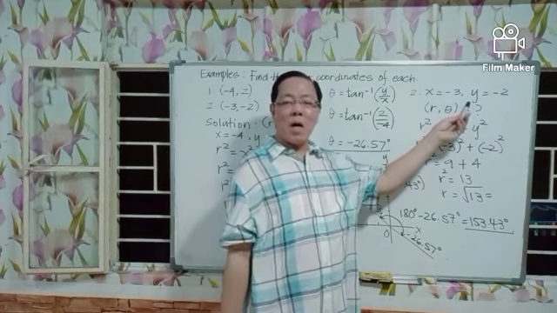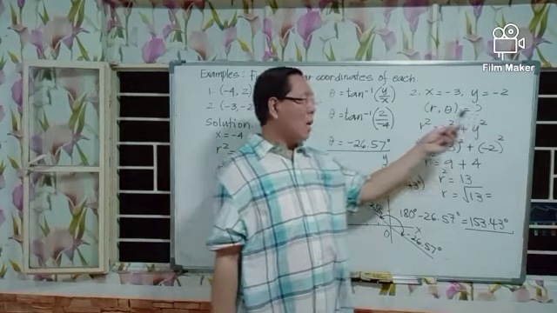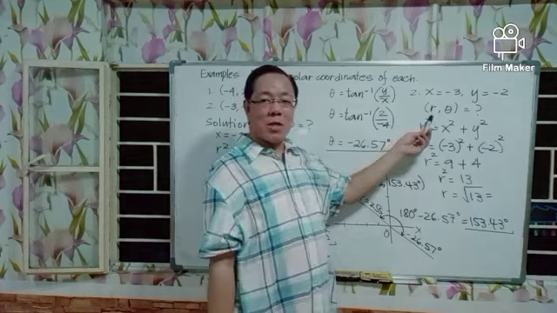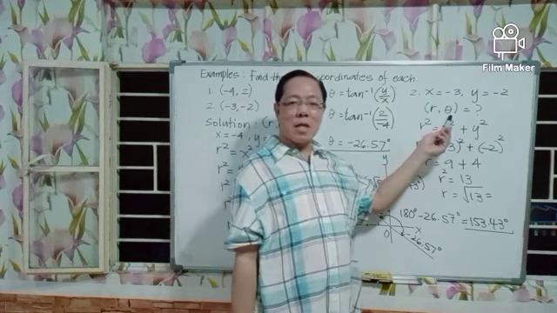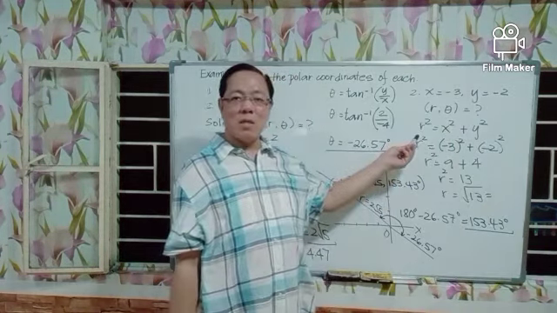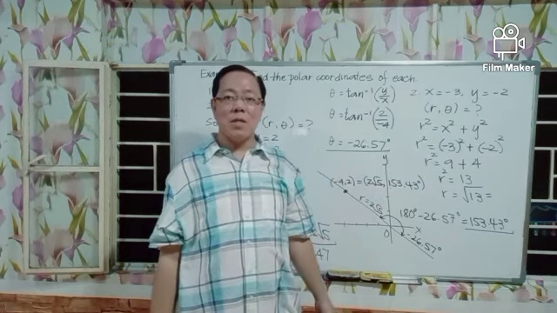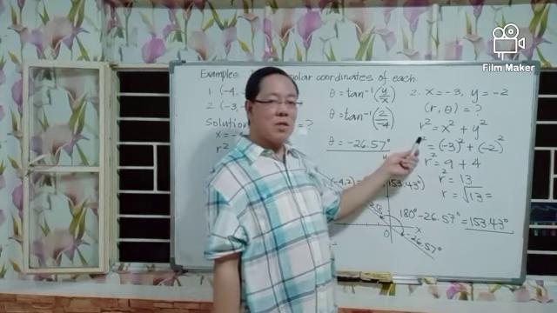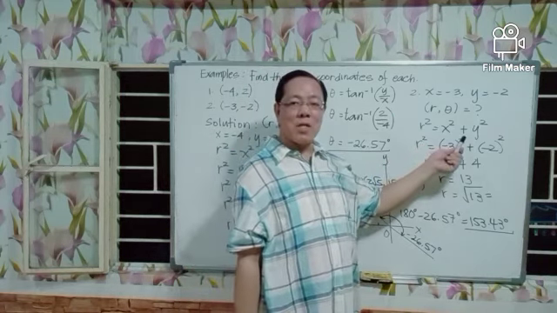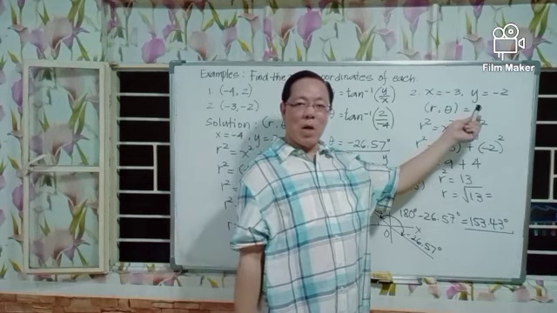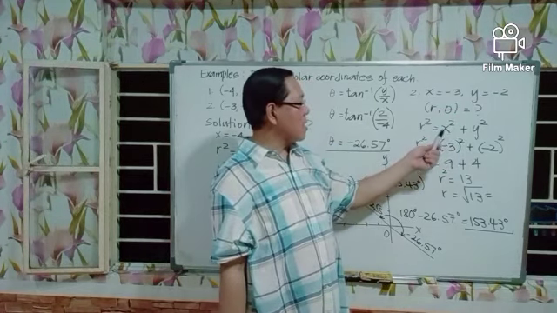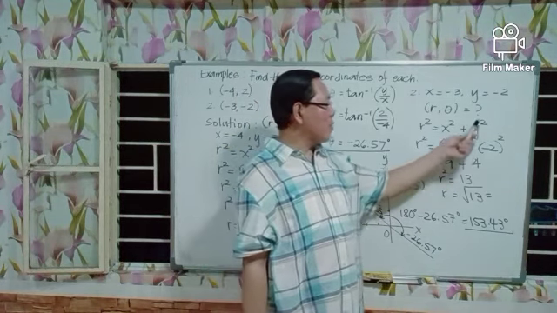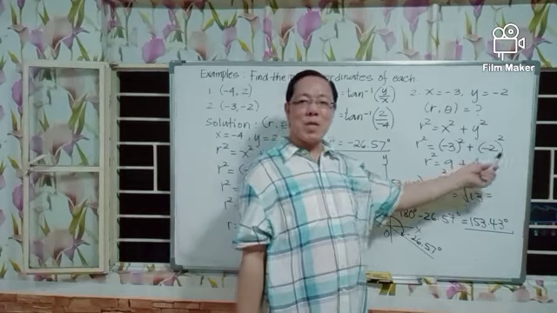The ordinate y of the given point is negative 2. And we want to find the polar coordinates of that point with radial coordinate r and angular coordinate theta. And we start with finding the radial coordinate of this point using the Pythagorean theorem.